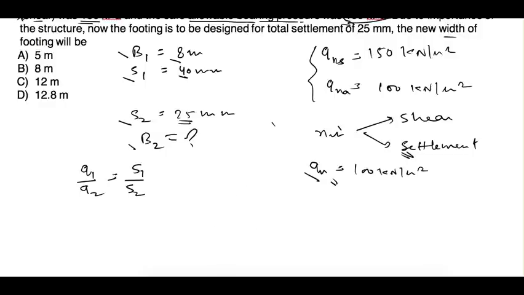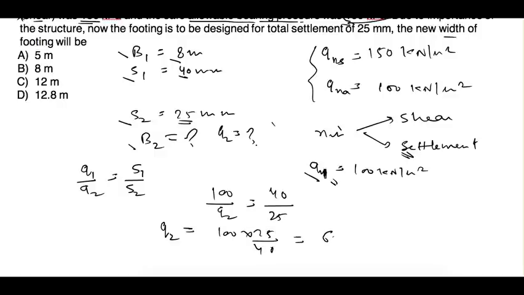Let's say this is Q1 and Q2 we have to find corresponding to this value here. So here Q1 is 100 divided by Q2 is equal to S1 is 40 divided by S2 is 25 mm.